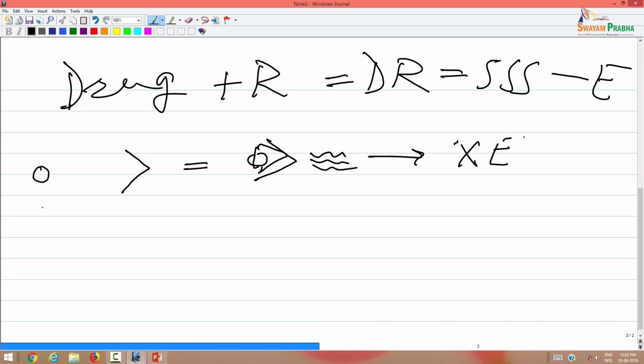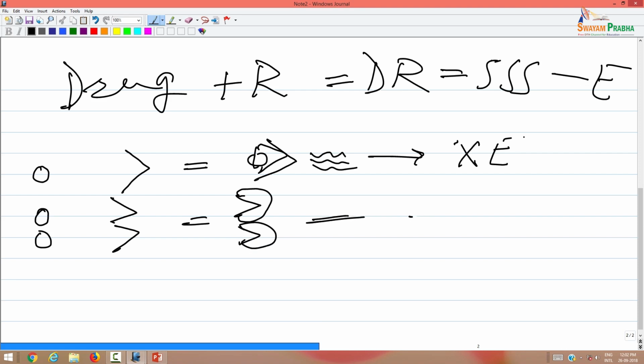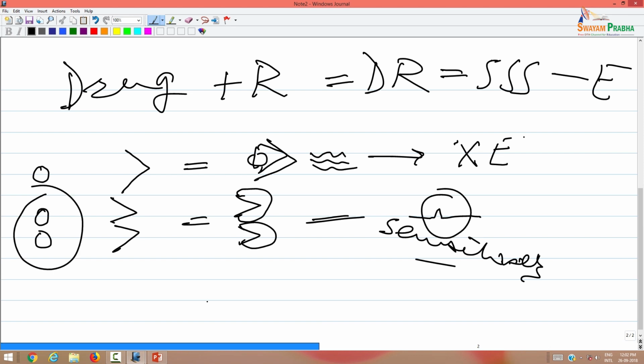Now, if you increase the molecules and 2 more receptors are involved, then you have 2 drug receptor complexes, and these will cause some effect which you can observe. This is called sensitivity. Sensitivity is the lowest concentration of the drug which, when it combines with the receptors, will produce an observable effect.